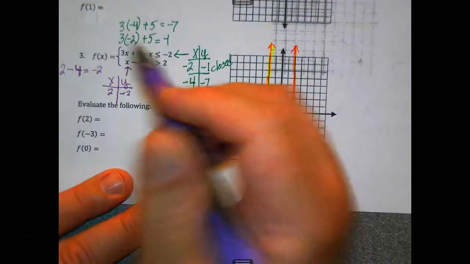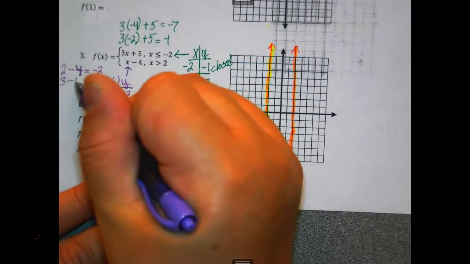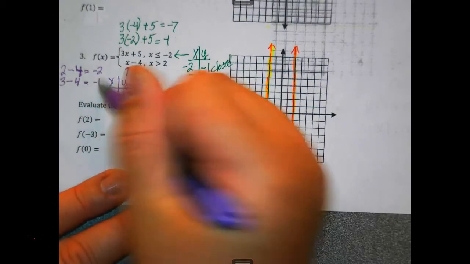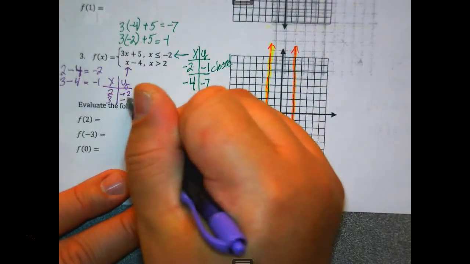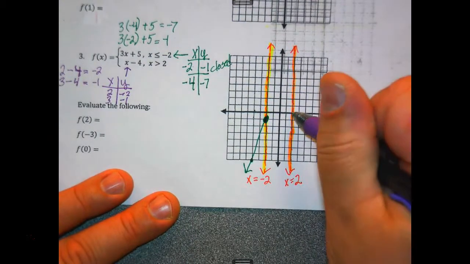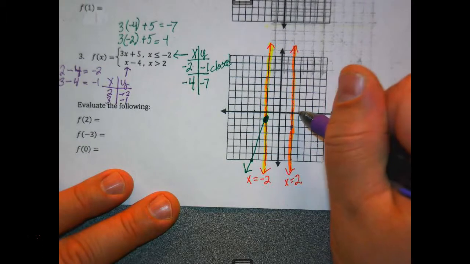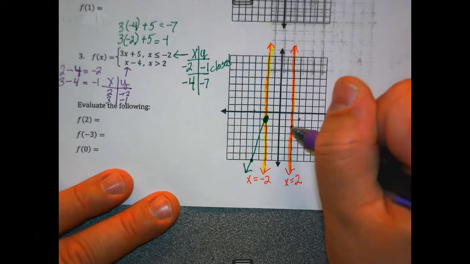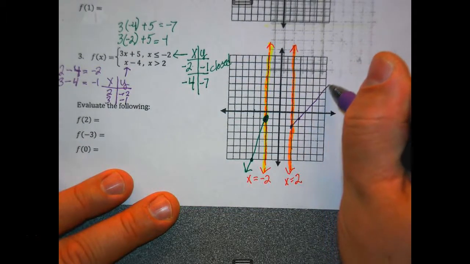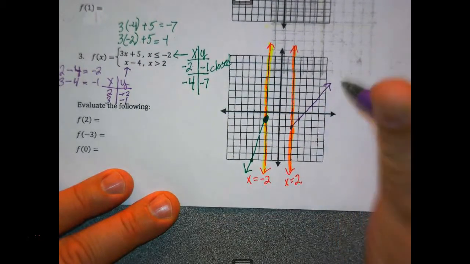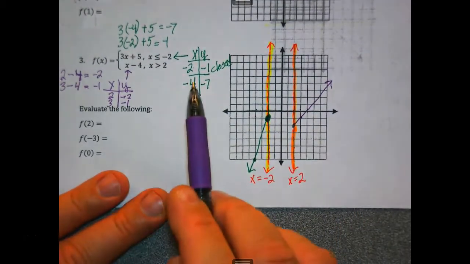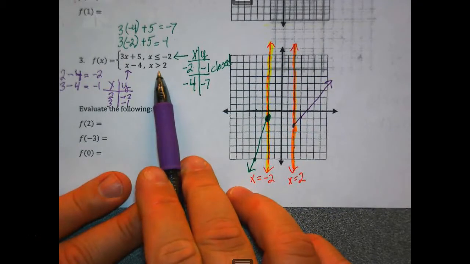Let's just use 3 this time. 3 minus 4 is -1. So 2, -2 and 3, -1. Open or closed circle at 2? Open.